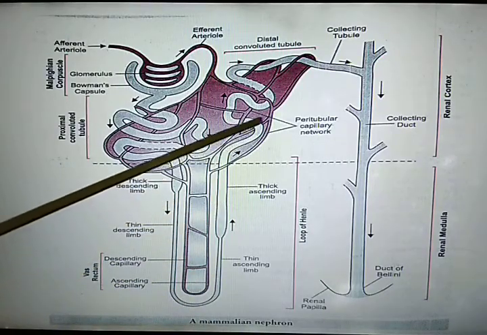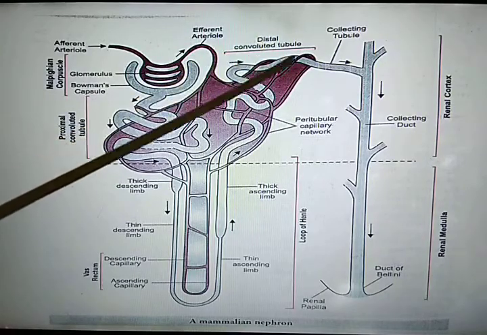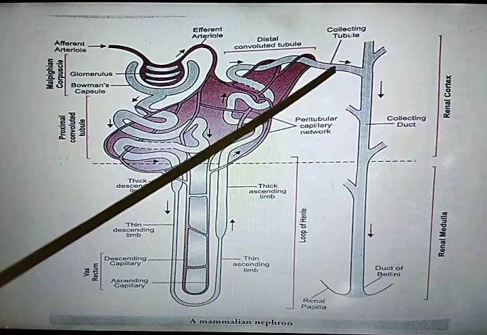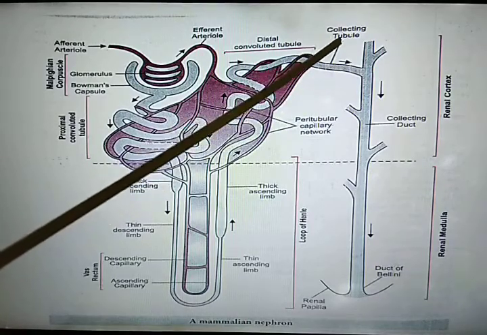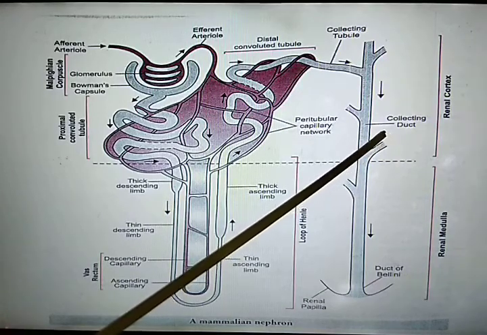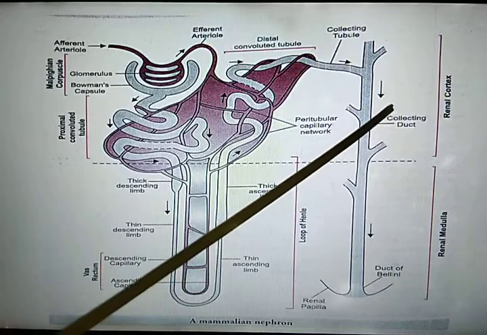The loop of Henle joins with the distal convoluted tubule. The distal convoluted tubule gives rise to the collecting tubule, and this collecting tubule opens into a larger duct known as collecting duct, in which the collecting tubules of several nephrons open.